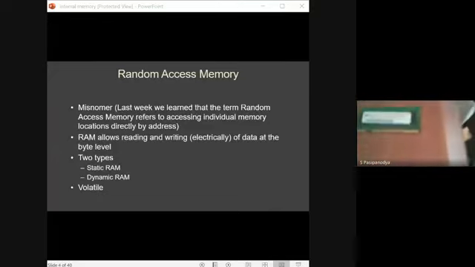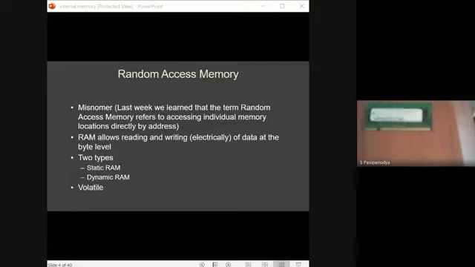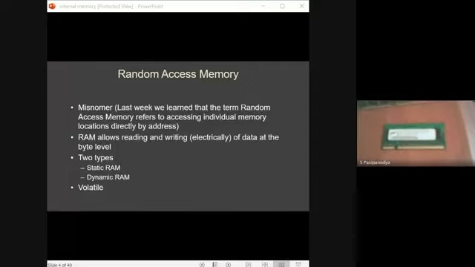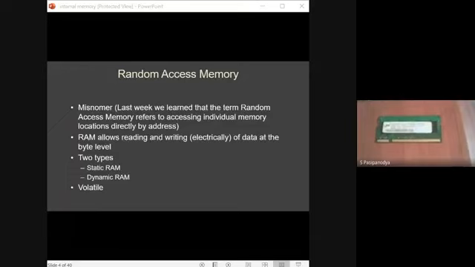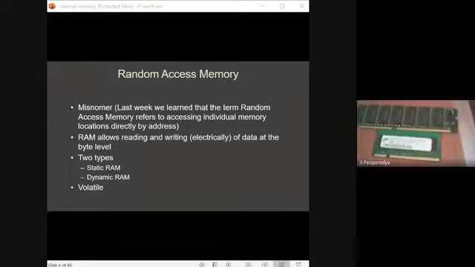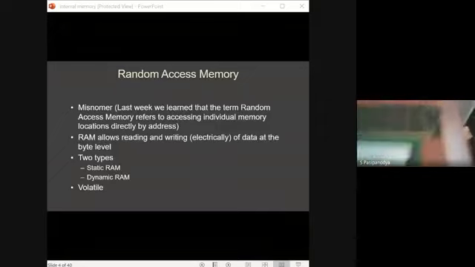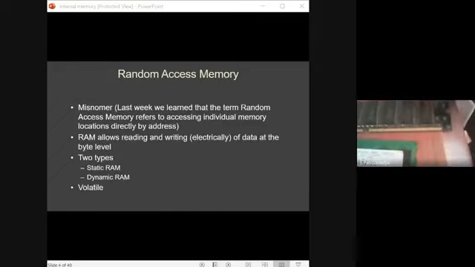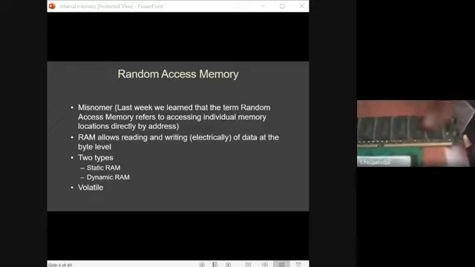For example, if I see the video that's actually playing on your screen, it shows 2 types of RAM. Dynamic RAM. The one on top is the one that you usually find in your desktop computers. These black items that you see are what we call the circuit.